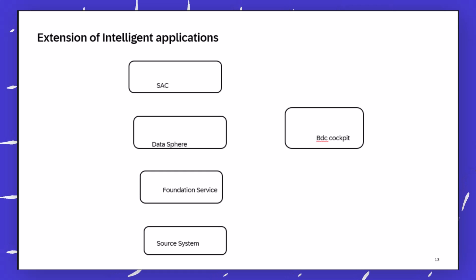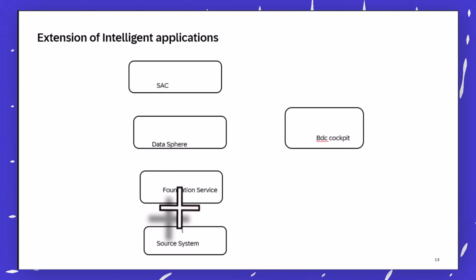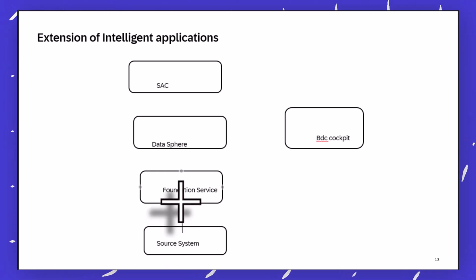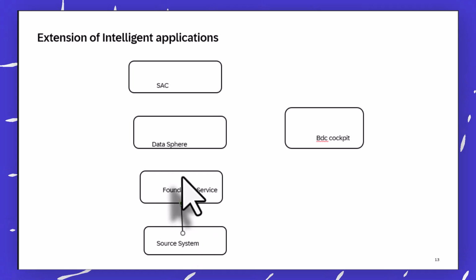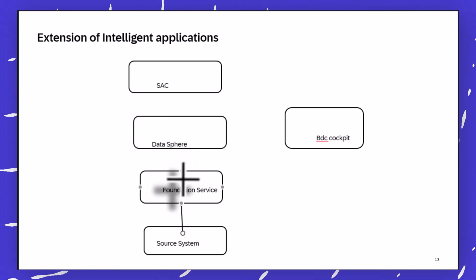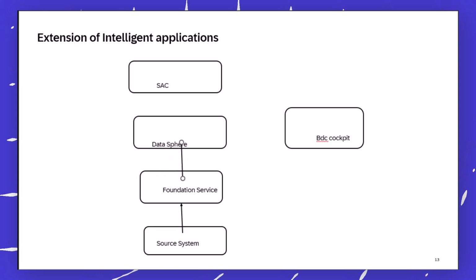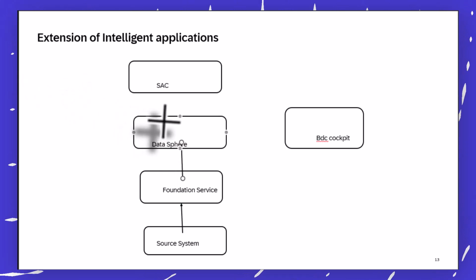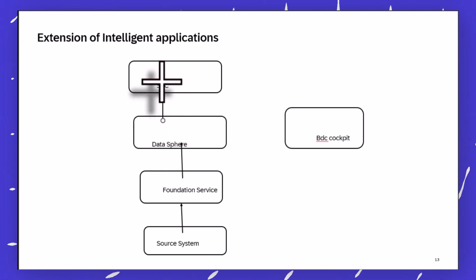Then what happens? It brings the data first from the source system to the foundation layer. From the foundation layer, the data moves based on your design, from here to here, and then you can access the data in the SAC dashboard.